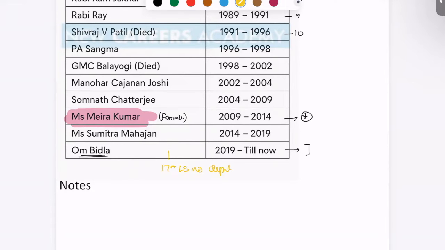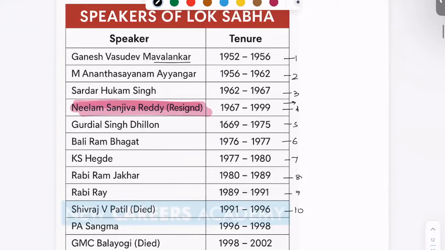The first deputy speaker, they can ask, write it down. That is also not given. M. Iyengar. He was the first deputy speaker.